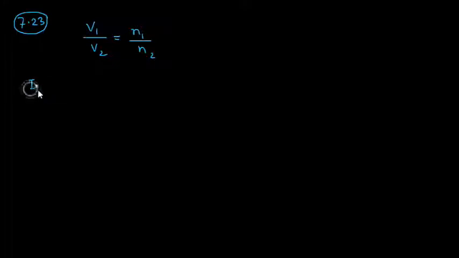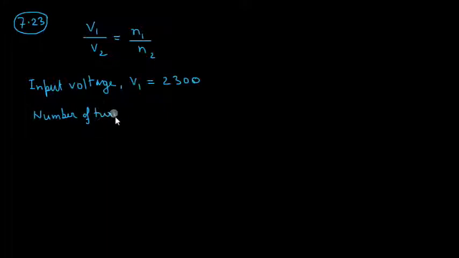Input voltage V1 is equal to 2300. Number of turns in primary coil N1 is equal to 4000.